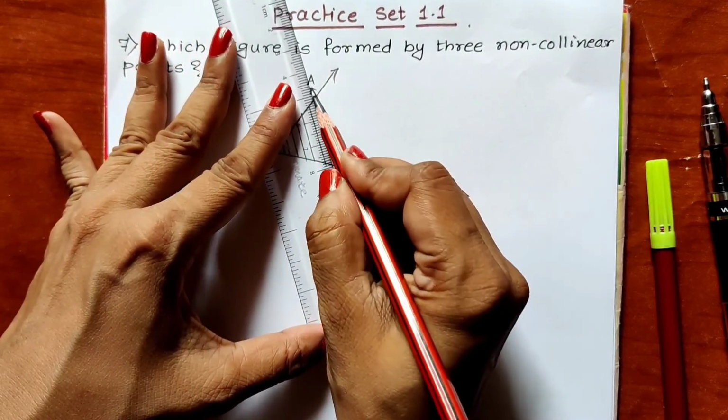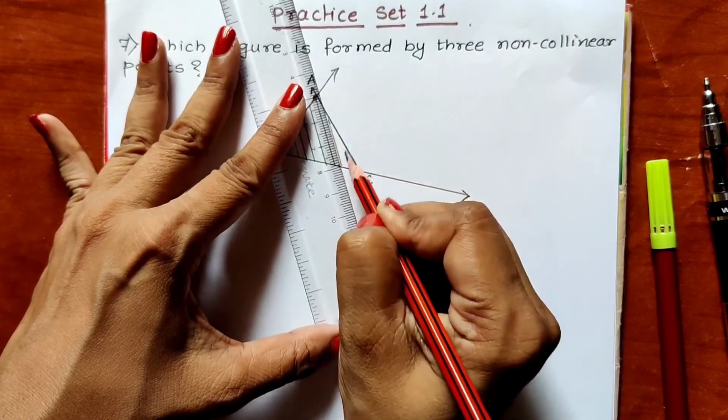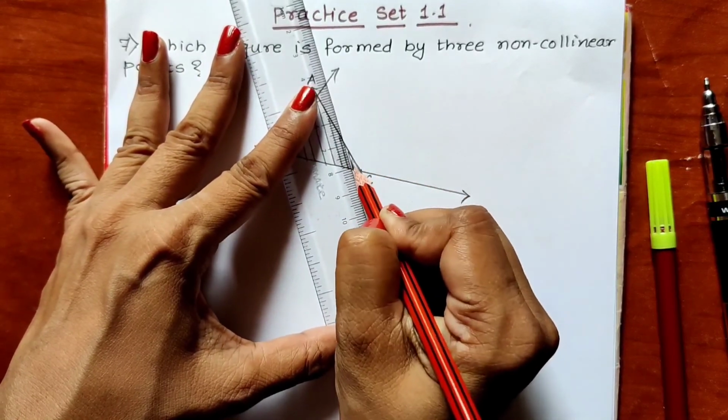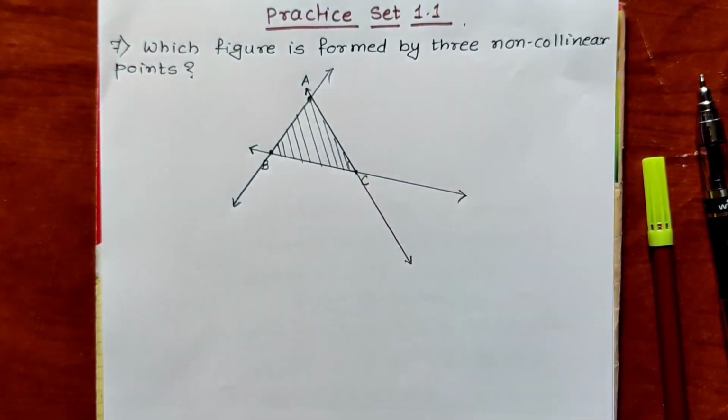Triangle ABC is formed. So what is the answer?